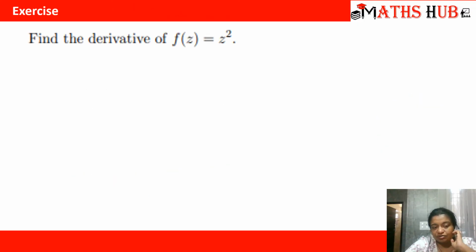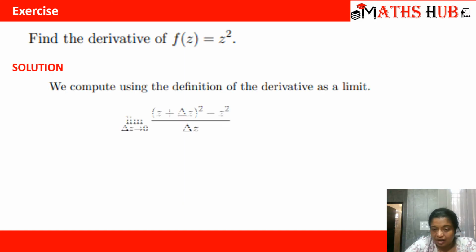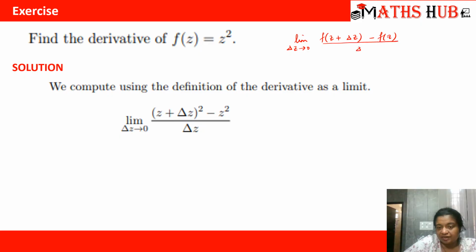So let us find the derivative of f of z equal to z square. According to the definition, we will have limit delta z approaches 0, f of z plus delta z minus f of z divided by the change, that is delta z. f of z is z square, and f of z plus delta z will be z plus delta z whole square, divided by delta z, taking the limiting case as delta z approaches 0.